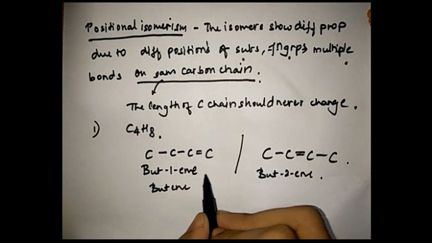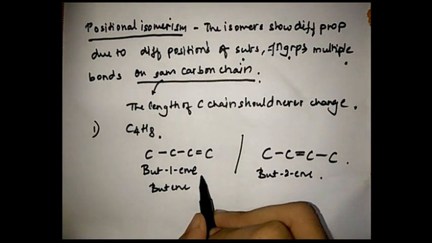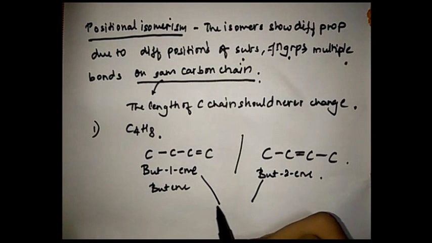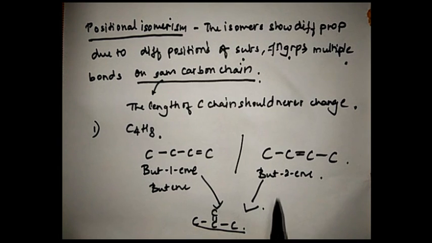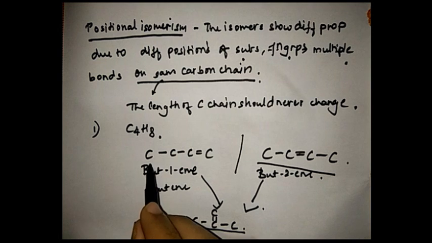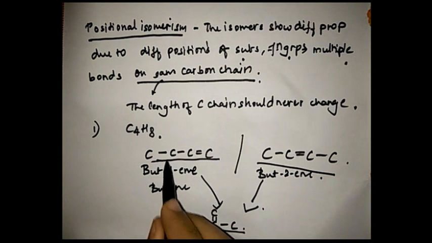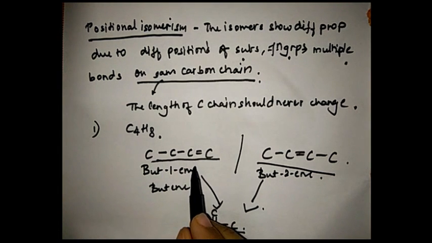Now in an MCQ, it can be asked whether this one and this one are positional isomers, or whether this one and this one are positional isomers.